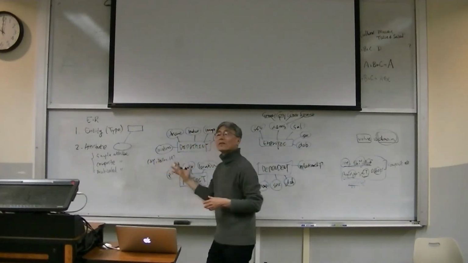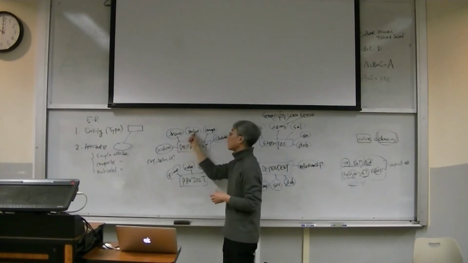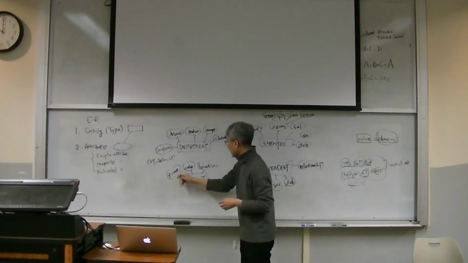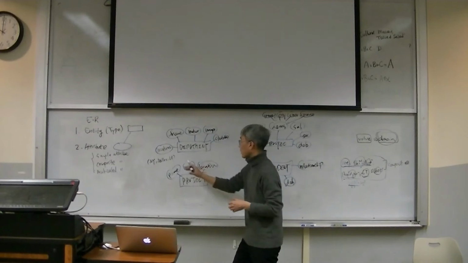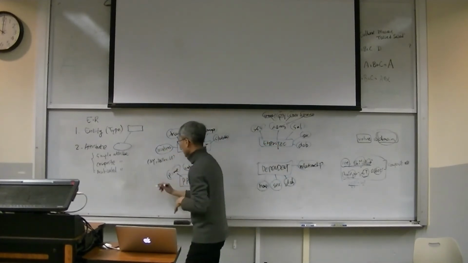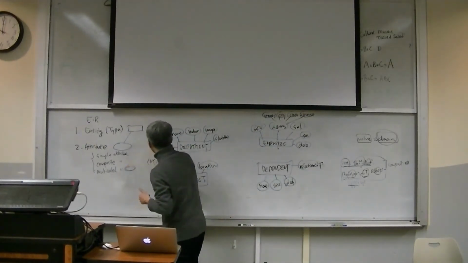Like that, it's multi-valued. The other department name is one. Department number is one value. Manager, one manager. And the project name is one value, but this one has multiple values. So we can represent such multiple values with a double oval.